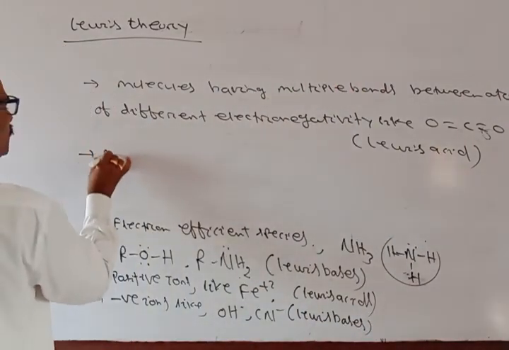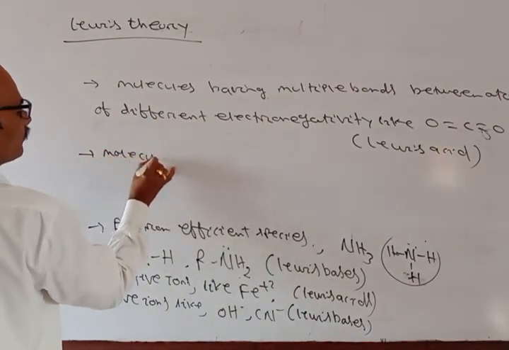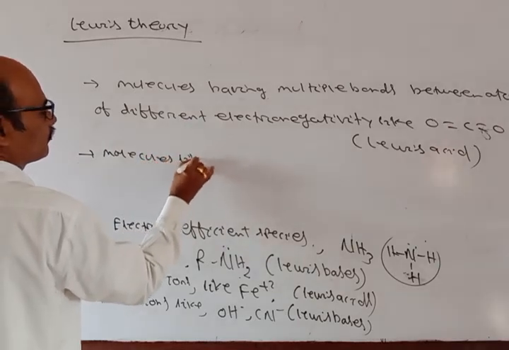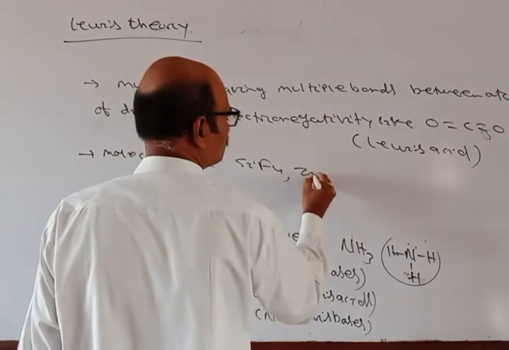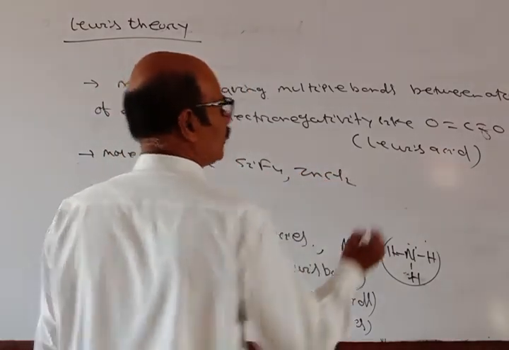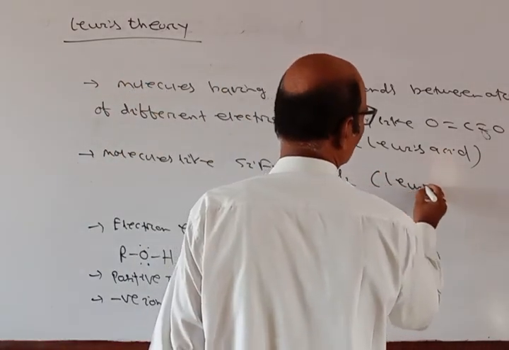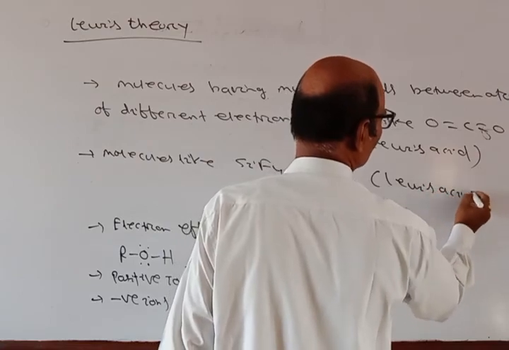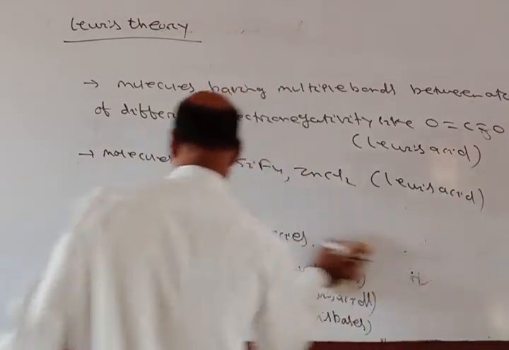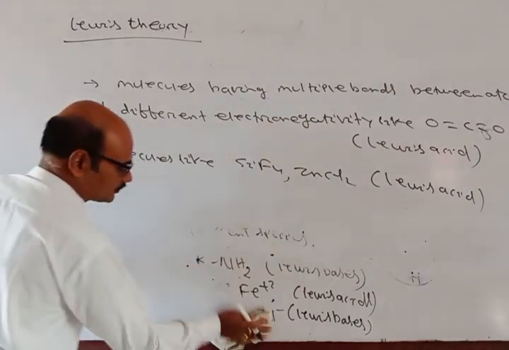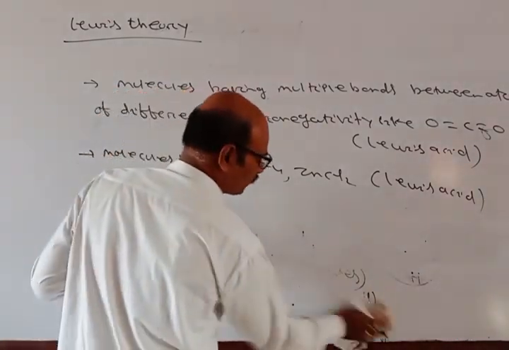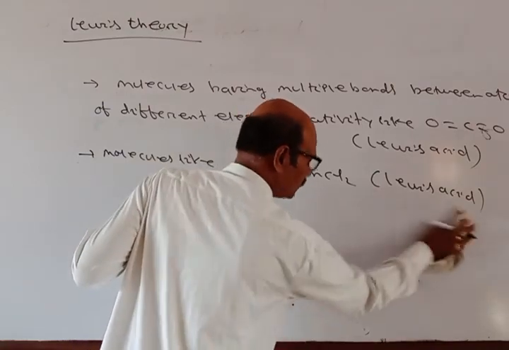Also molecules like SiF4 and ZnCl2 are Lewis acids. So all in total, you can say Lewis acids are the electron acceptors, Lewis bases are the electron donors.